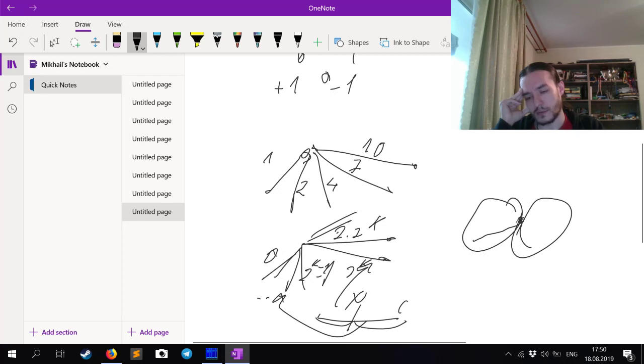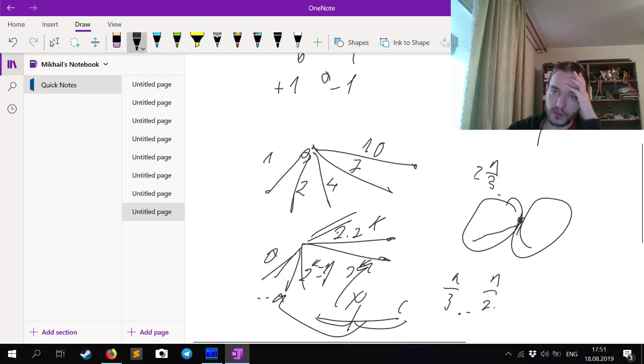Oh, I see now. We just have to divide the tree so that the smallest part has to be of size at least n over 3, right? From n over 3 to n over 2.